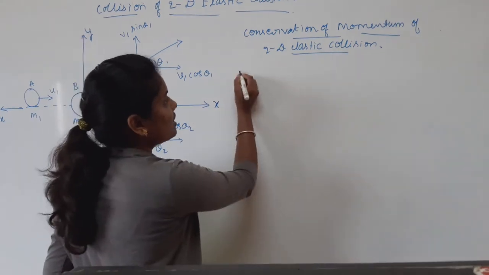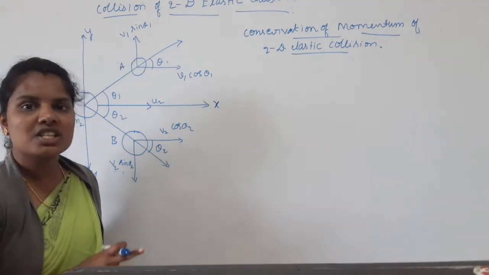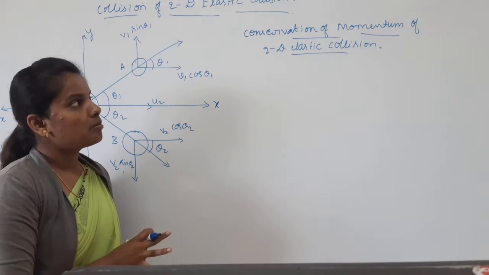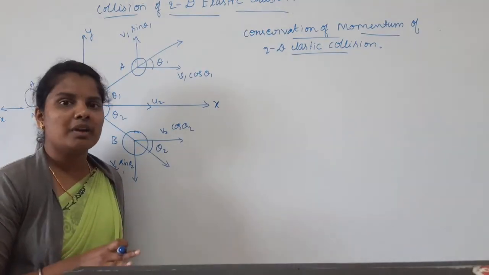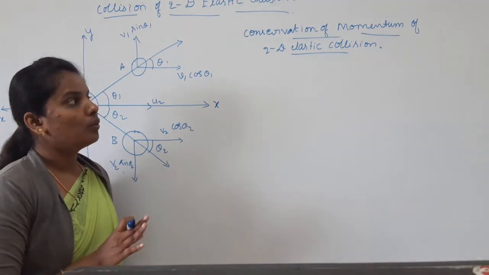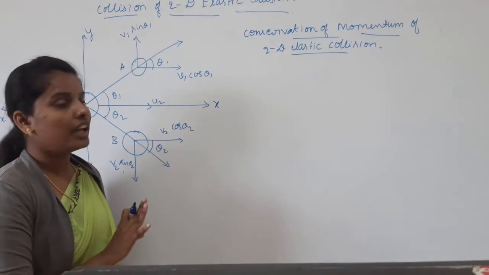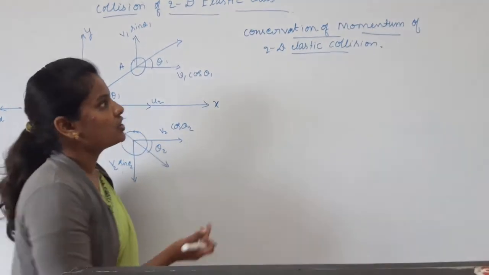Here it is defined as the algebraic sum of the x component before collision is equal to the algebraic sum of the x component of the system after collision.